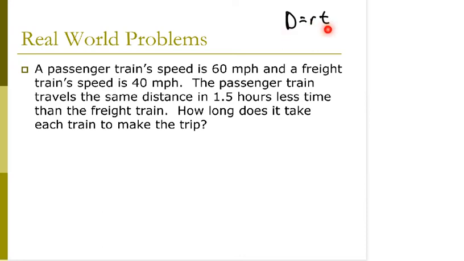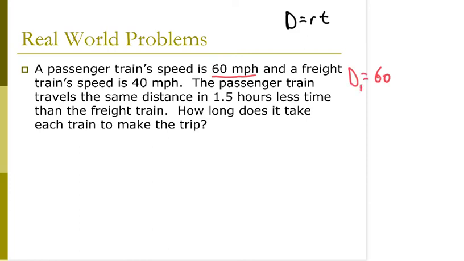So if the first train says that it's going 60 miles per hour, then we would have to do for that 60 miles. So the distance for, call it, train 1 would be 60 miles times how long it's been going.